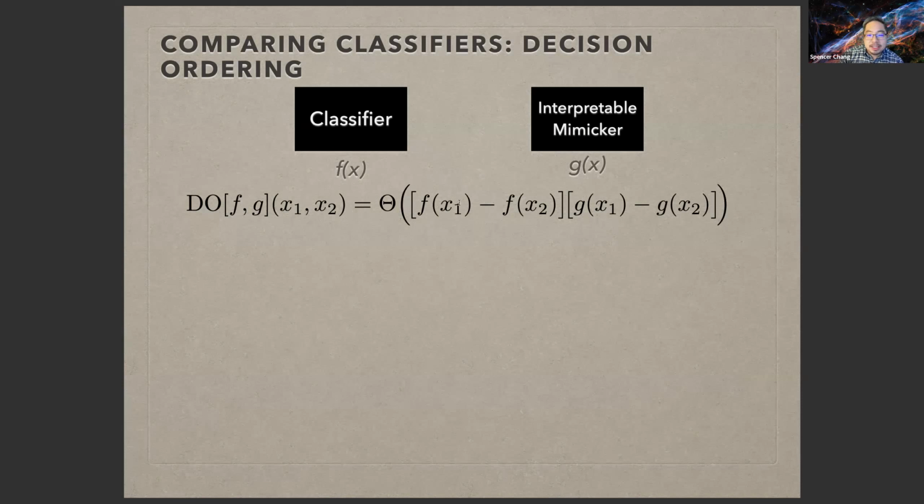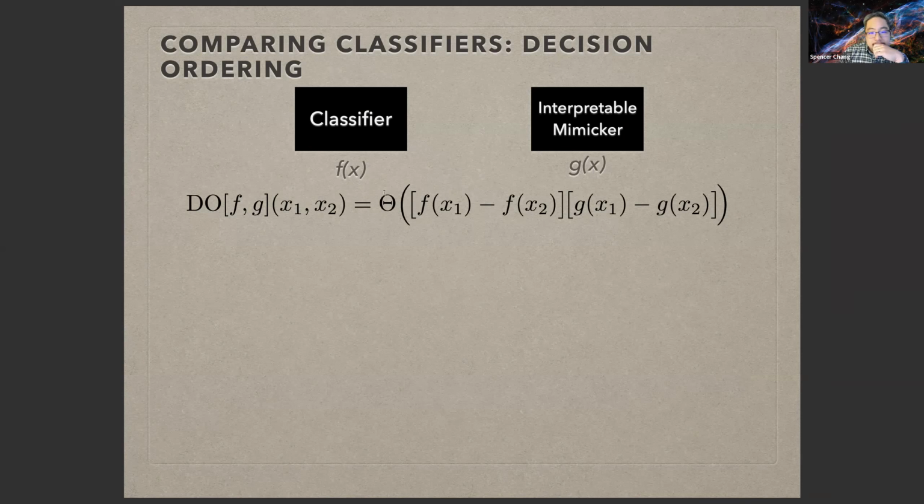All it asks is, give me two events, x1 and x2. This one might take in the jet image of event 1 and the jet image of event 2 to get an f of x. Then the mimicker will take some energy flow polynomials for event 1 and event 2. Even though they have the same x, they don't necessarily mean the same inputs.